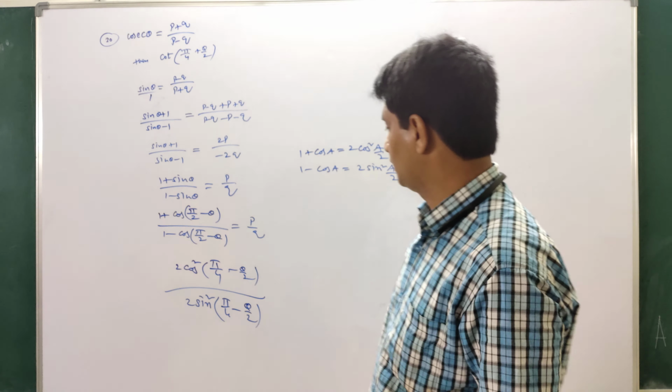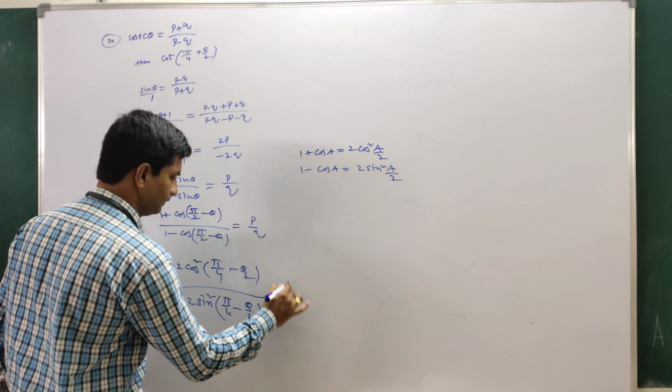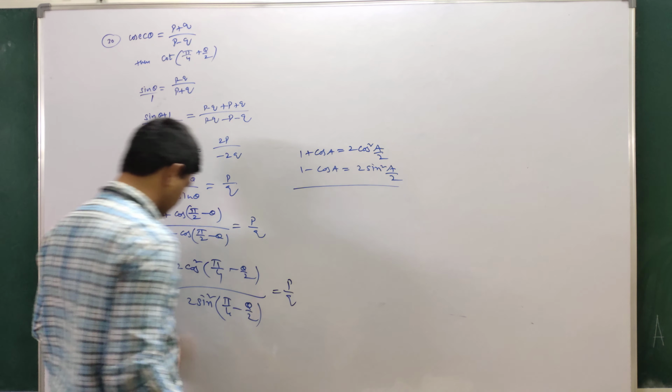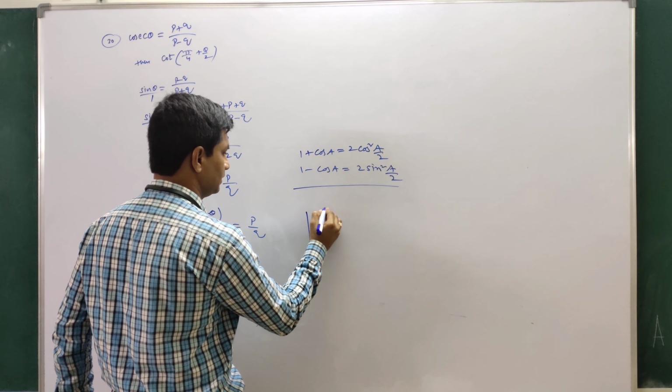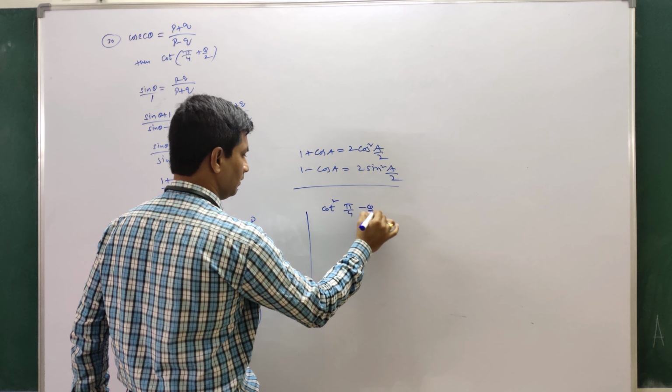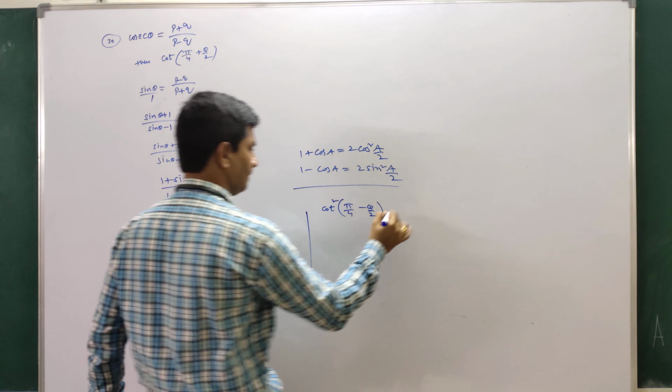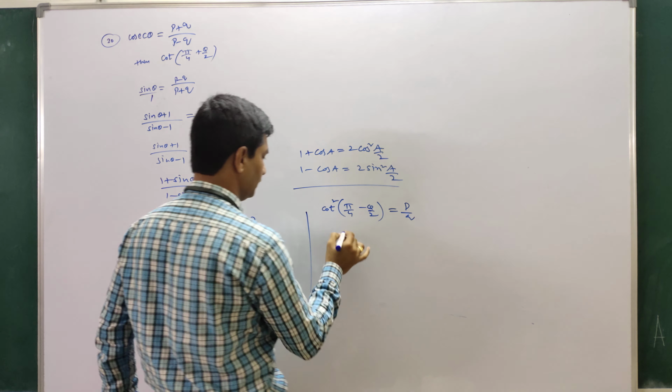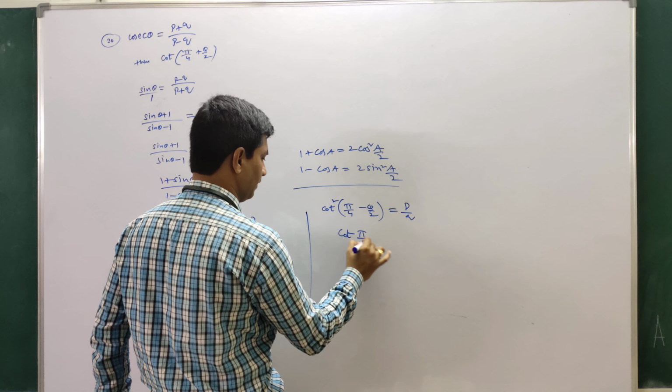You are getting what here? 2 gets cancelled. So now cos square by sin square is what? Cos square by sin square is cot square. So this is cot square of (pi by 4 minus theta by 2) equal to P by Q. So what is cot of (pi by 4 minus theta by 2)?